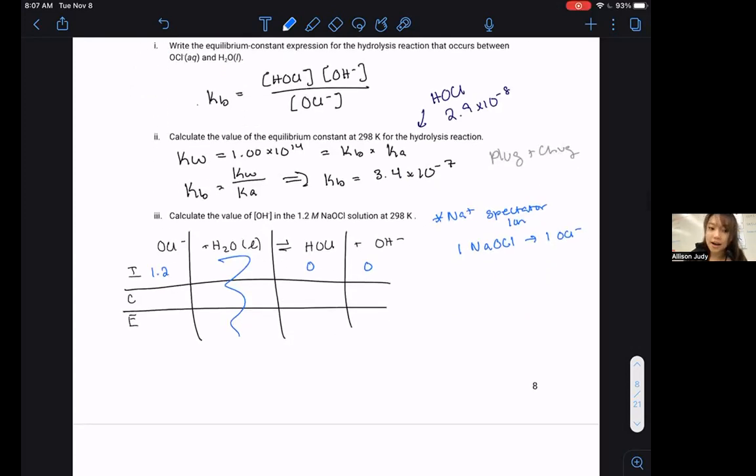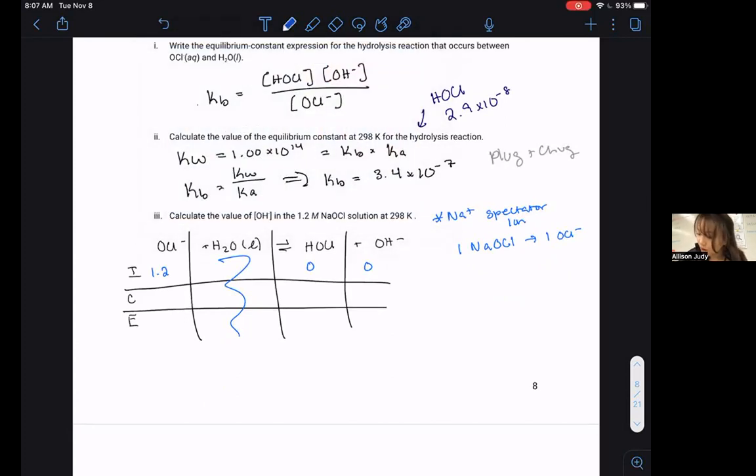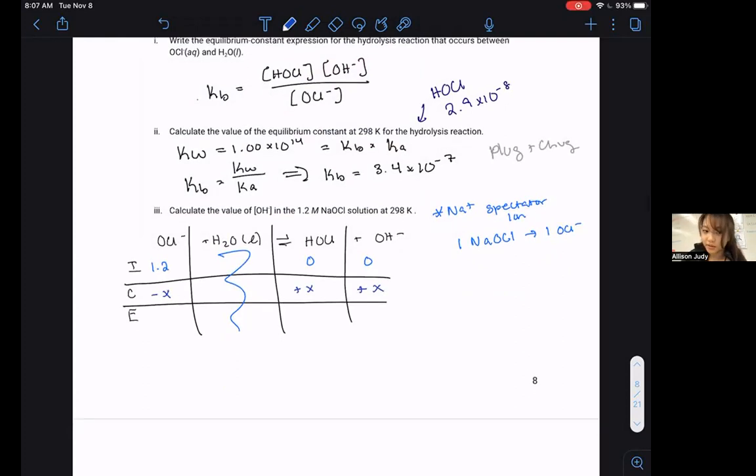And I know that stoichiometrically speaking, I'm going to use up 1x, and then I'm going to produce 1x in molar ratio, of each ion. So what happens is I see that I have 1.2 minus x and x and x.